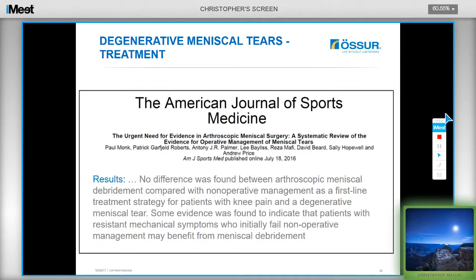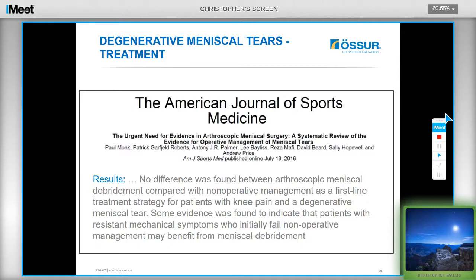A more recent study last year, again, found no difference between arthroscopic meniscal debridement and non-operative management as first-line treatment. It did, however, say that patients with mechanical symptoms, that catching or locking of the joint, are the ones who would benefit from meniscal debridement.